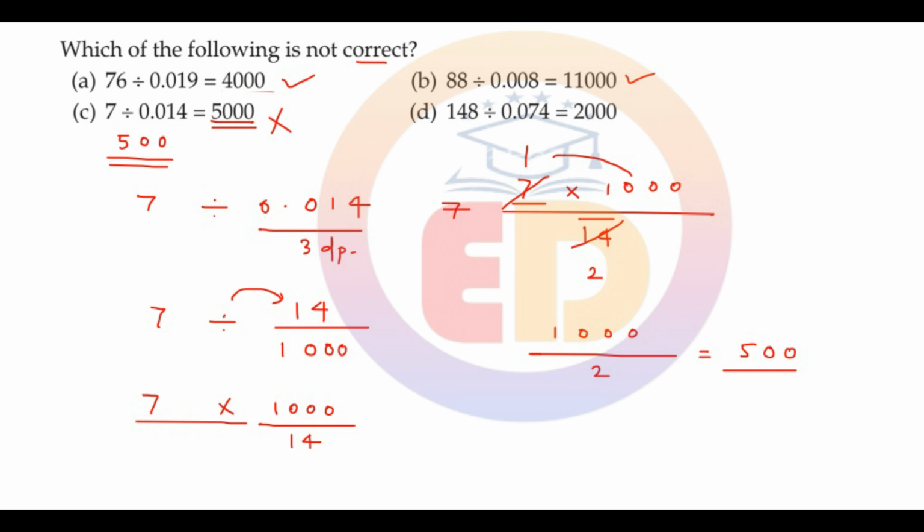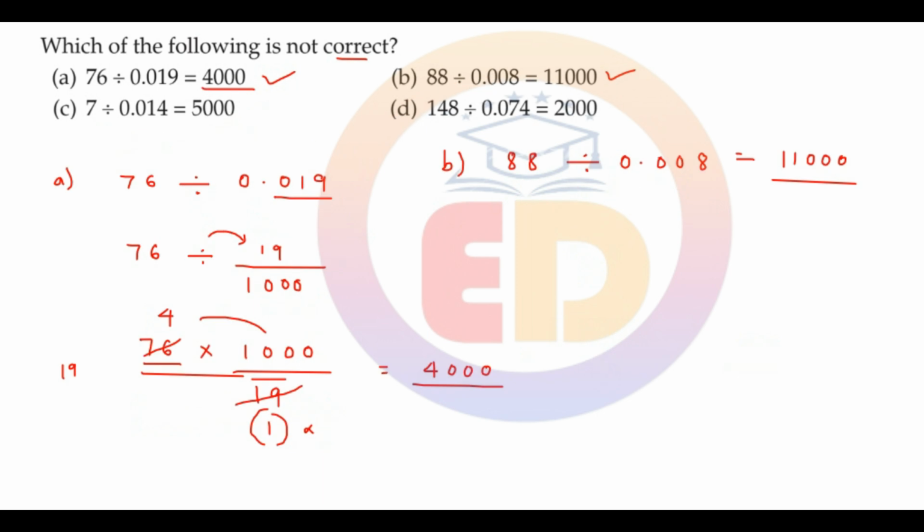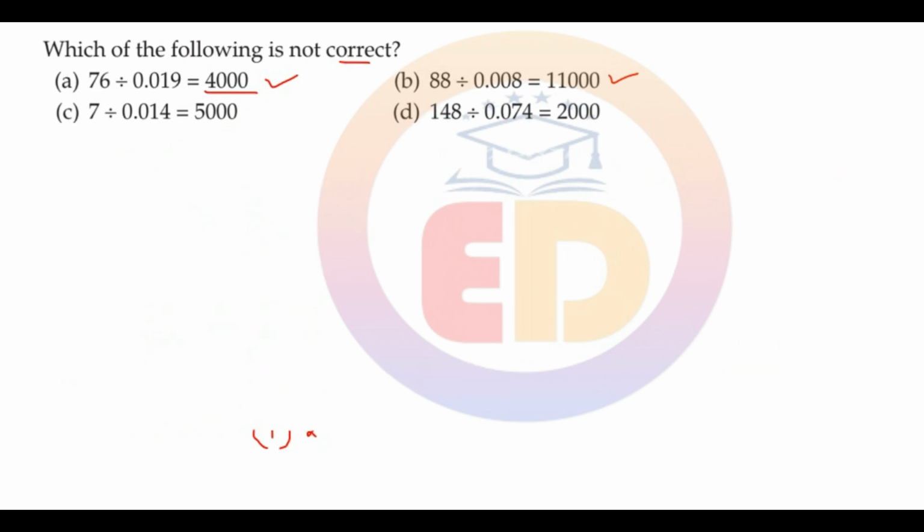Now let's go to the option D. Option D says 148 divided by 0.074. Let us convert 0.074 from a decimal number to decimal fraction.